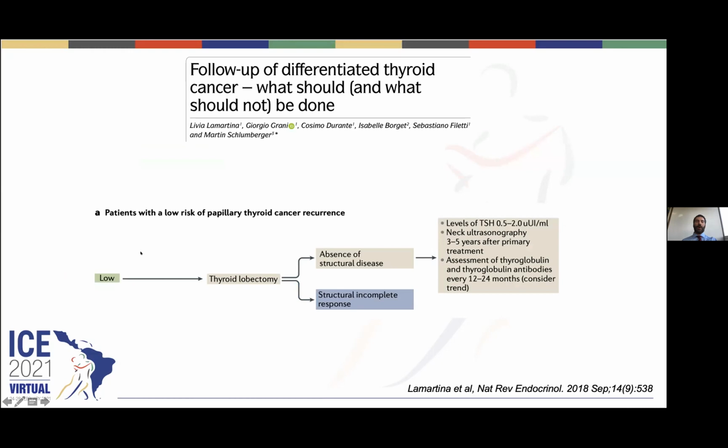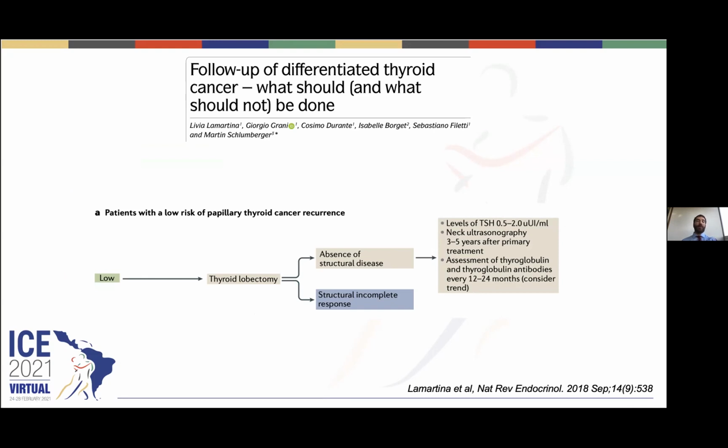In the case of low-risk patients who had at the initial treatment only lobectomy, if they have an incomplete structural response found probably in the neck ultrasound, the management will depend case by case. On the other hand, if the patient has no structural disease, the proposed follow-up of this patient is to measure thyroglobulin and thyroglobulin antibodies probably every 12 to 24 months.